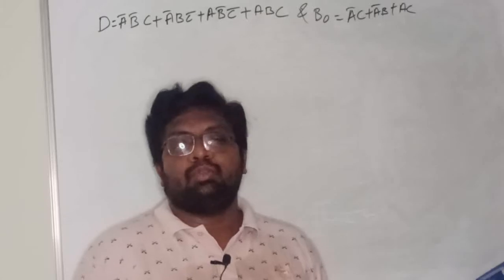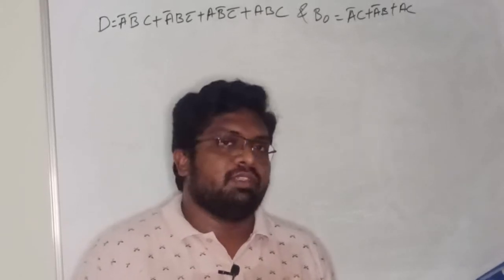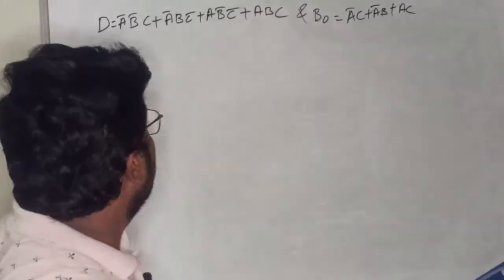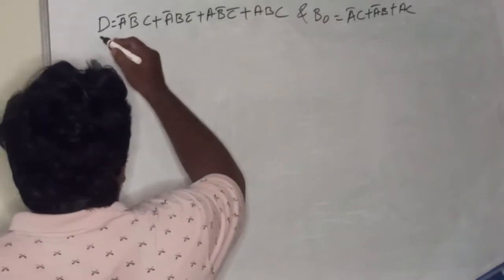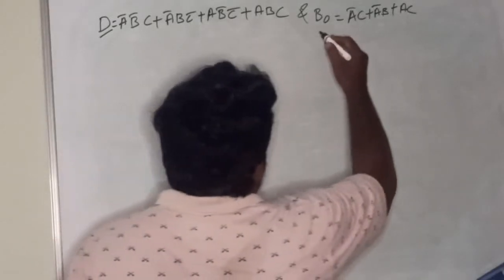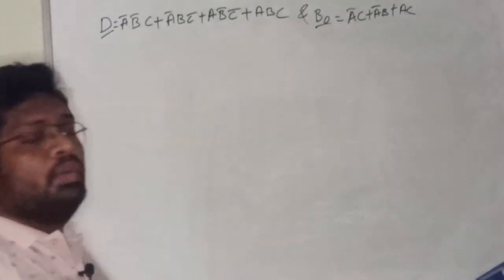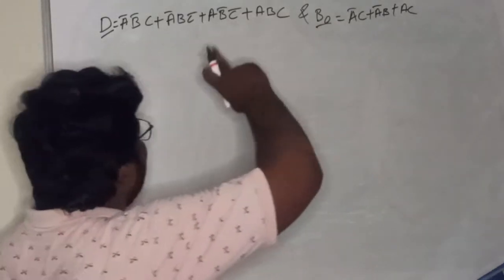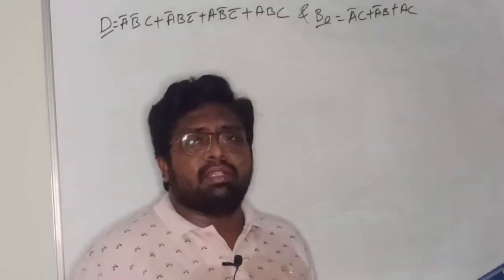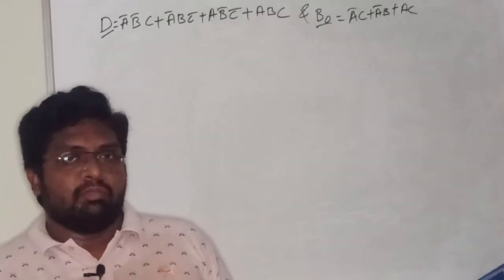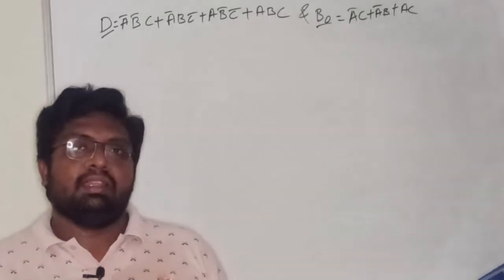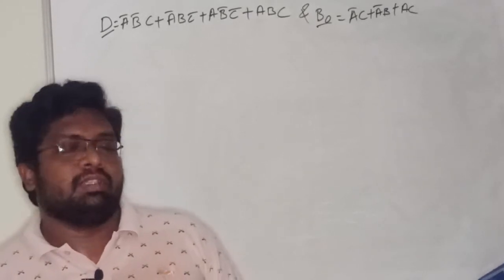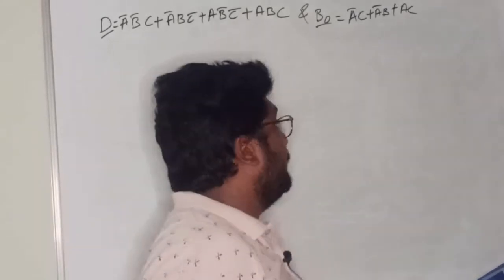Now let us see how to construct a full subtractor by using two half subtractors, right? As we are already familiar with the difference D and borrow B naught, now I am going to simplify this D and B naught representation, or minimize them, and then I will represent it in the form of a full subtractor by using two half subtractors.